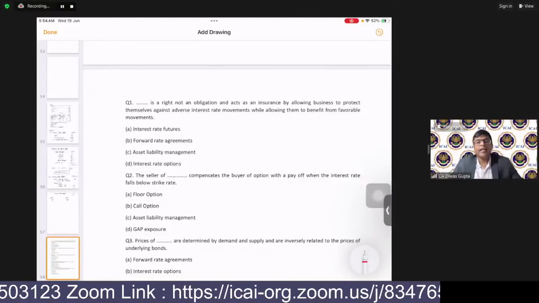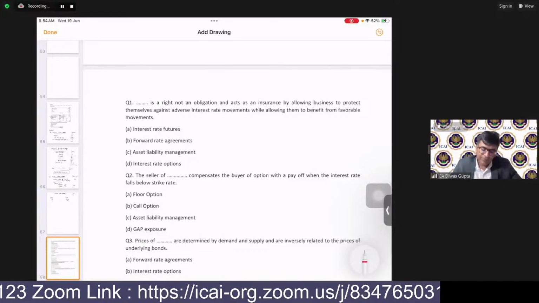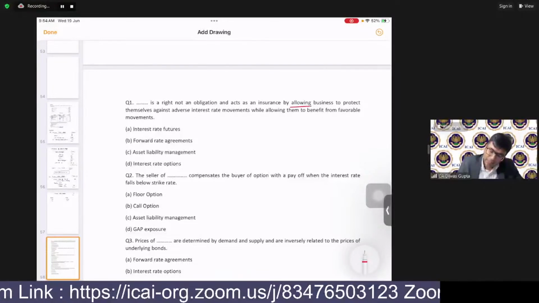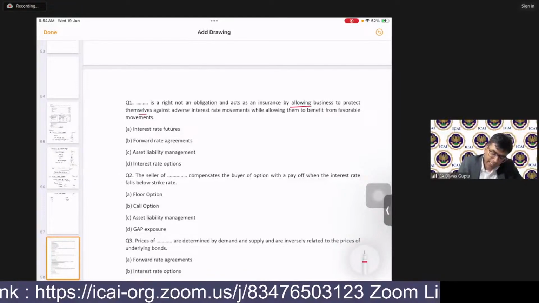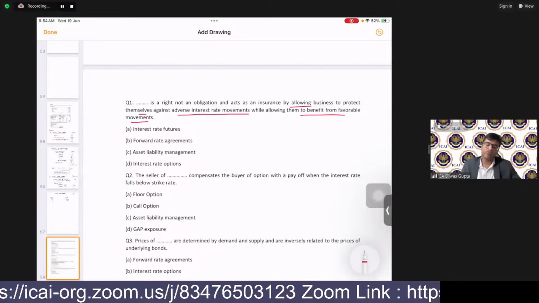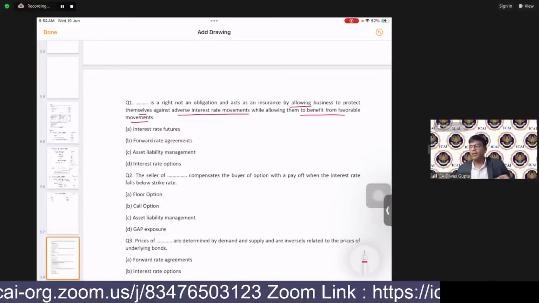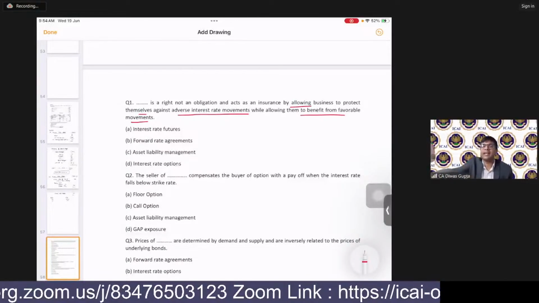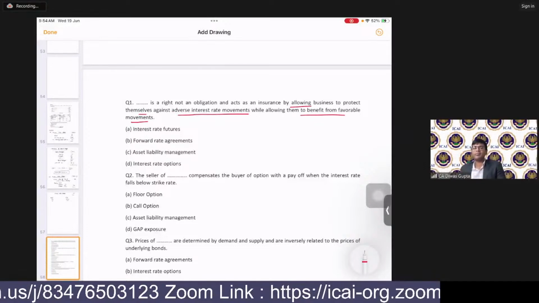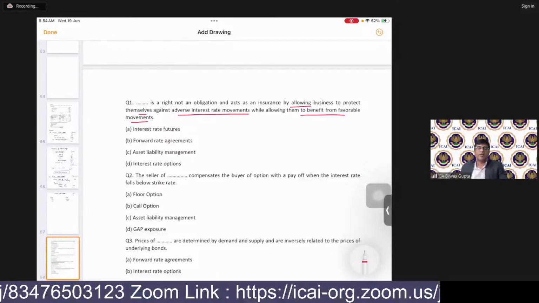Dash is a right, not an obligation, and acts as an insurance by allowing business to protect themselves against adverse interest rate movements while allowing them to benefit from the favorable movements. Come on, students, tell me. After the entire discussion of today, tell me what is the right answer. Very good, Abrikesh.